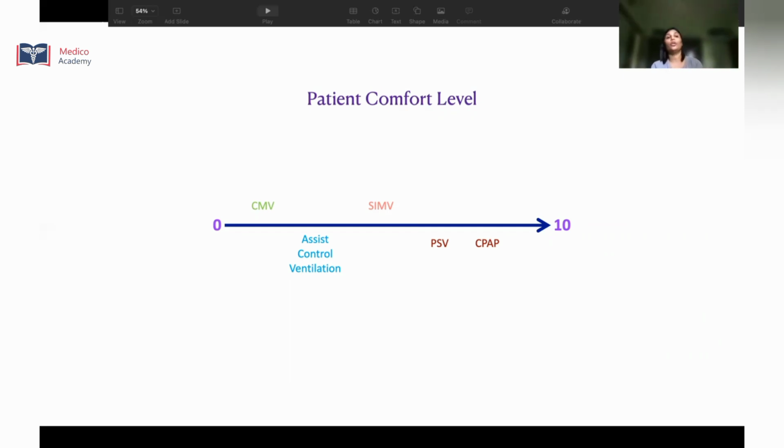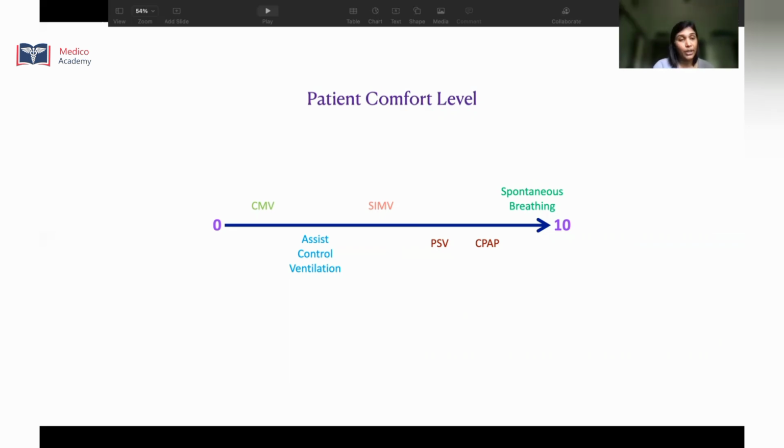Majority of the support was by the patient himself. And the last would be spontaneous breathing, where the patient would be absolutely comfortable. So if you take patient comfort level into account, it will be CMV, then assist control, then SIMV, then PSV, CPAP, and spontaneous breathing.